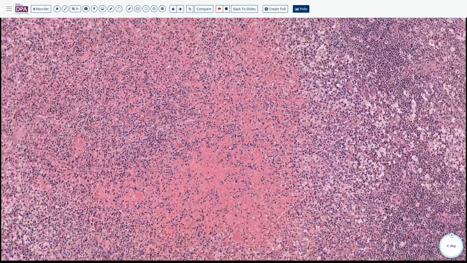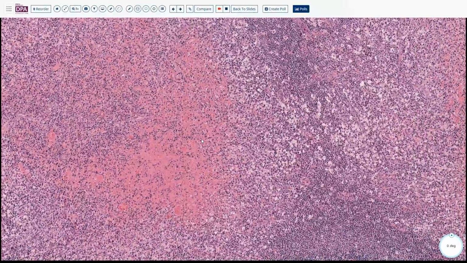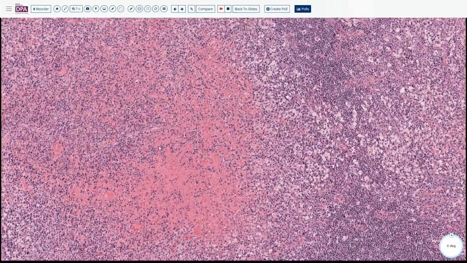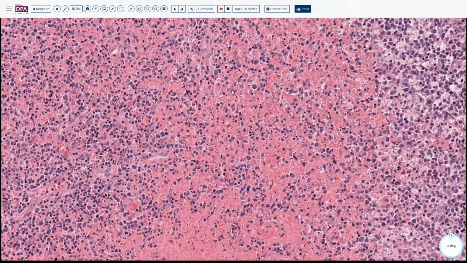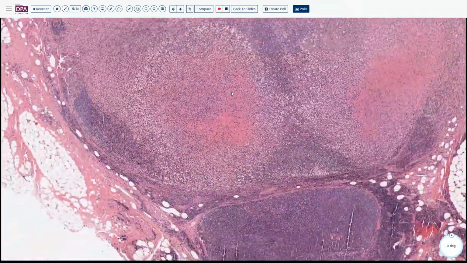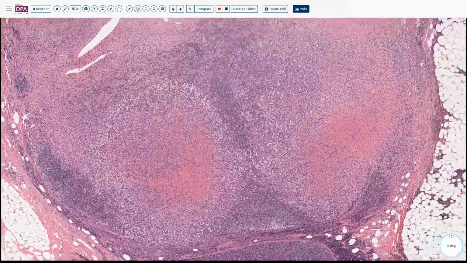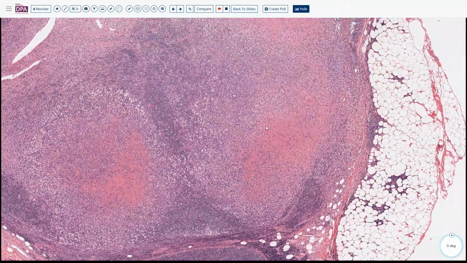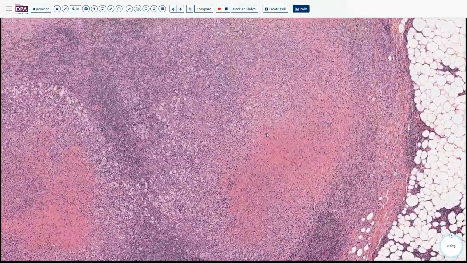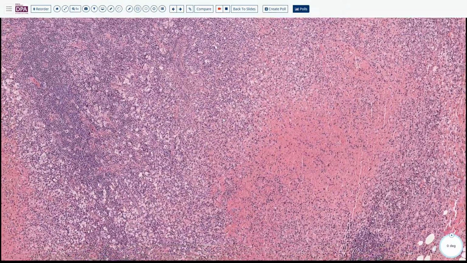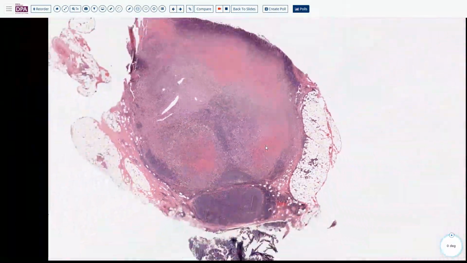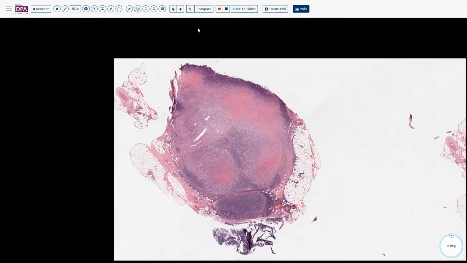So necrotizing granuloma in the lymph node without neutrophils, only karyorrhectic debris, and with this question mark shaped histiocyte. So in the examination, you choose the answer Kikuchi-Fujimoto disease. So this is the diagnosis for this one.